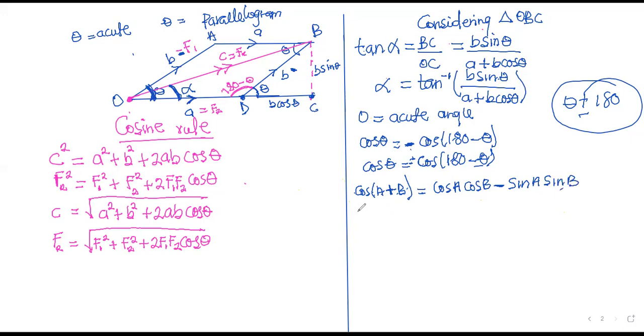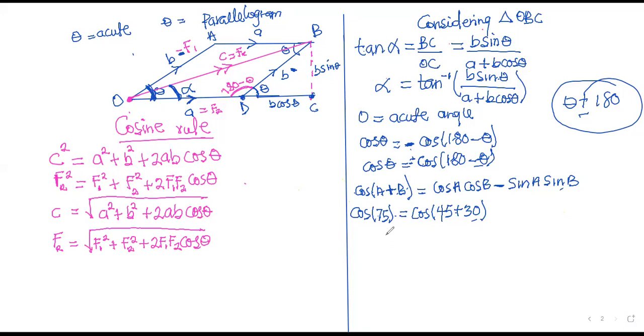Example: cos 75 is equal to, I can expand 75 to be 45 plus 30, isn't it? Class, isn't it?